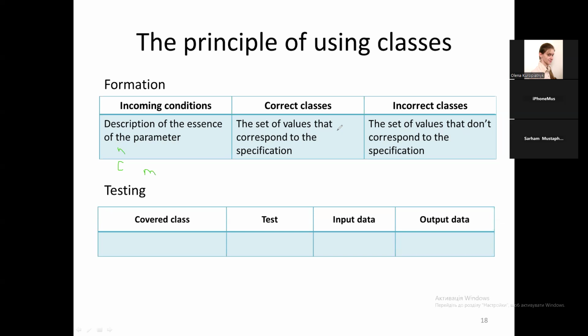When I am writing about correct classes, I write some statements about the set of values that correspond to the specification. And in the second case, when we write about incorrect classes, we write information about the sets of values that don't correspond to the specification.